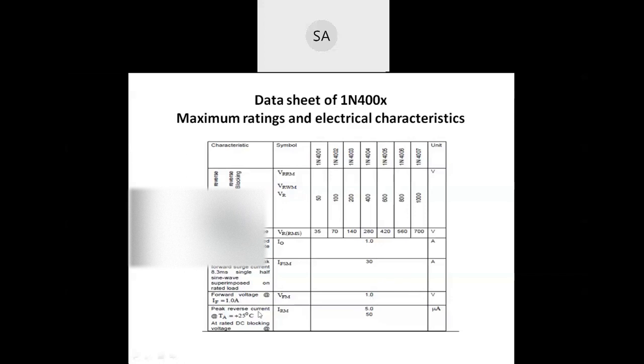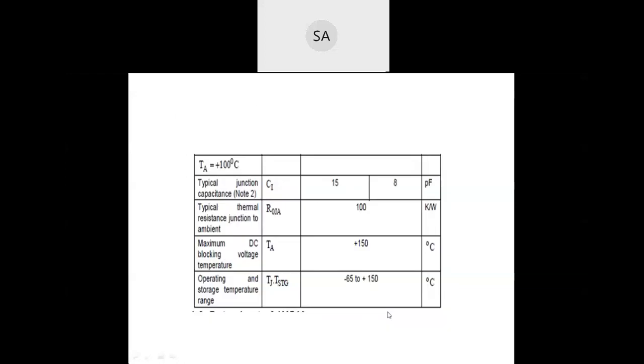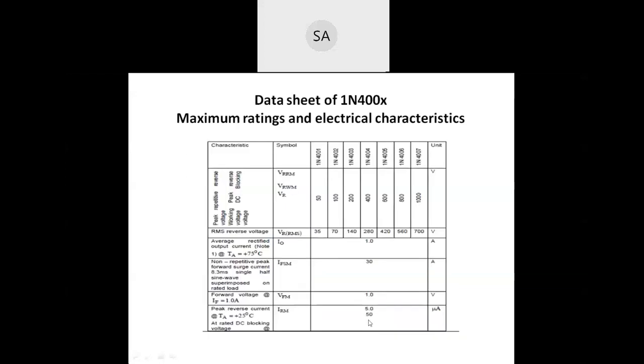And the peak reverse current at a temperature of 25 degrees centigrade at rated DC blocking voltage is 5.5 microamperes, with the DC blocking voltage being 50 volts.